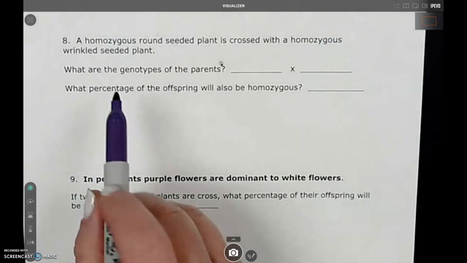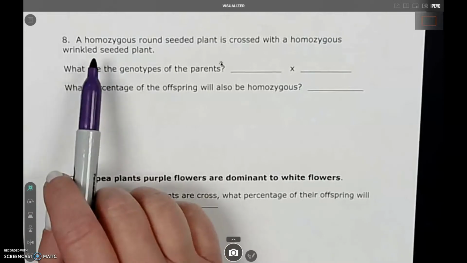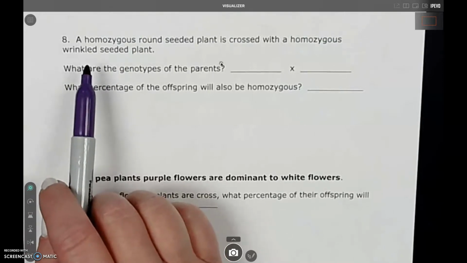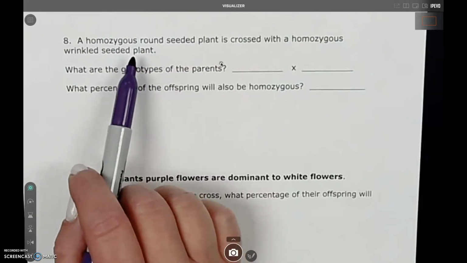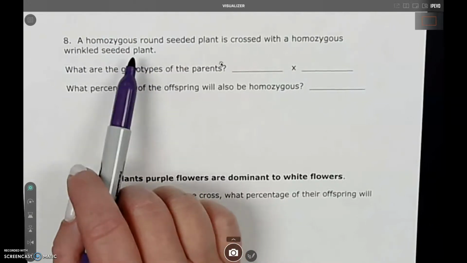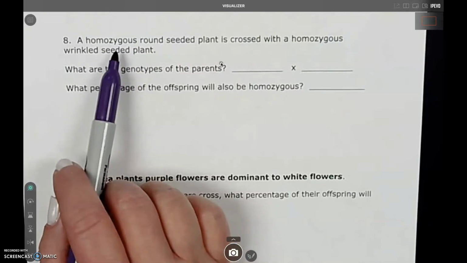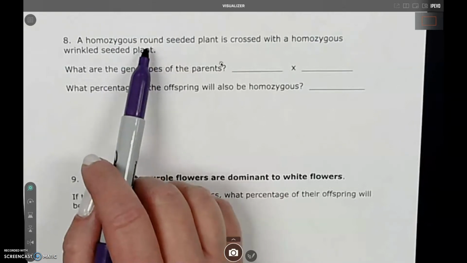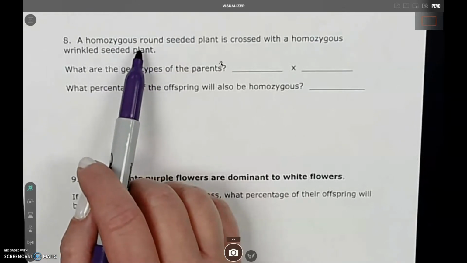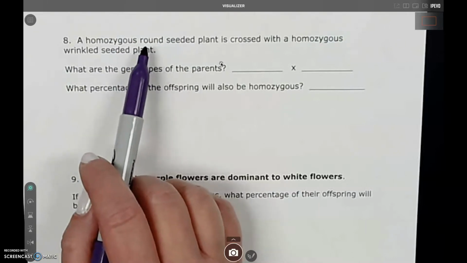All right. Here's what you're going to get a problem like on a quiz or a test. Okay? I don't give you a letter. I don't give you the parent gene allele. I don't give you your parent genotypes. You have to figure it out. Homozygous, what does that mean again? Same. And it's with round. We already learned previously that round is dominant. So what do I use for a homozygous round dominant plant?